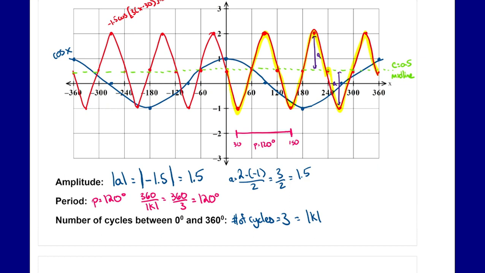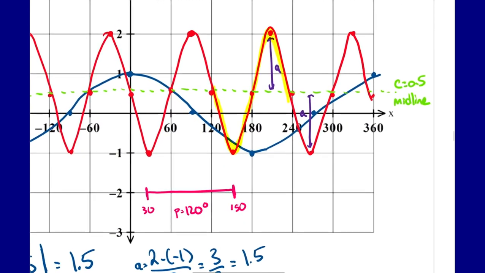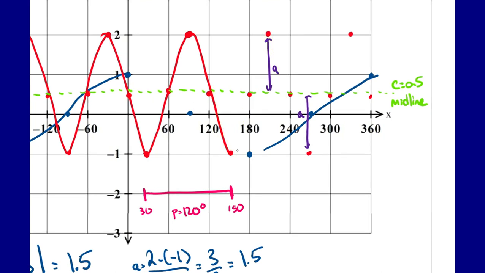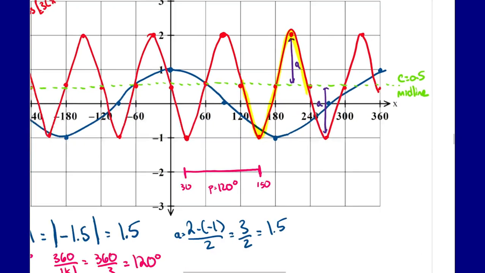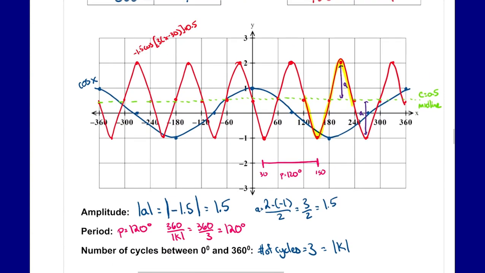That is also the number of cycles. So different ways we could determine it. I'm just going to erase these highlight marks, hopefully. Nope. I'll leave one cycle highlighted. So different ways we can determine it, whether we're looking at the graph visually or algebraically without graphing it.